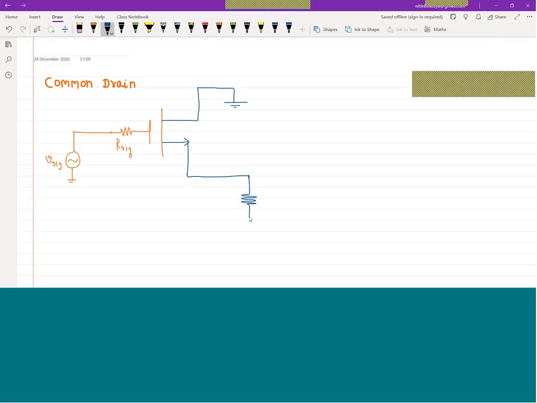And again, this is my load and this is my Vout.